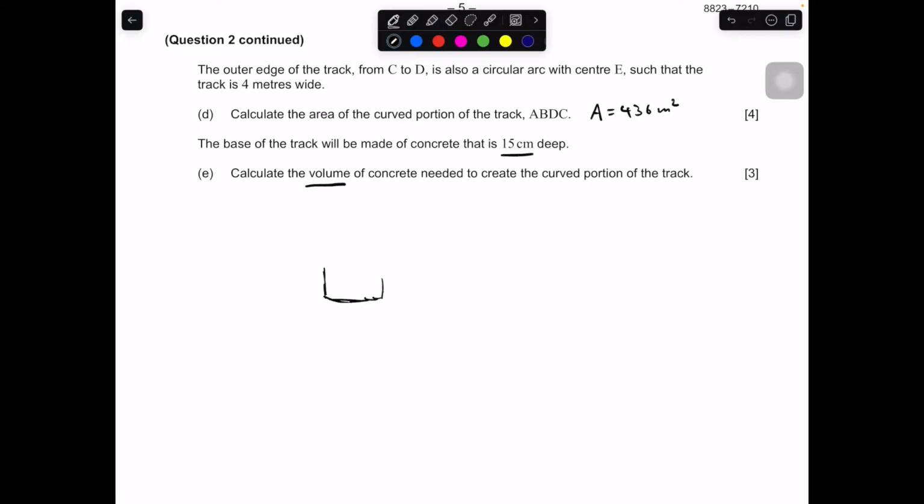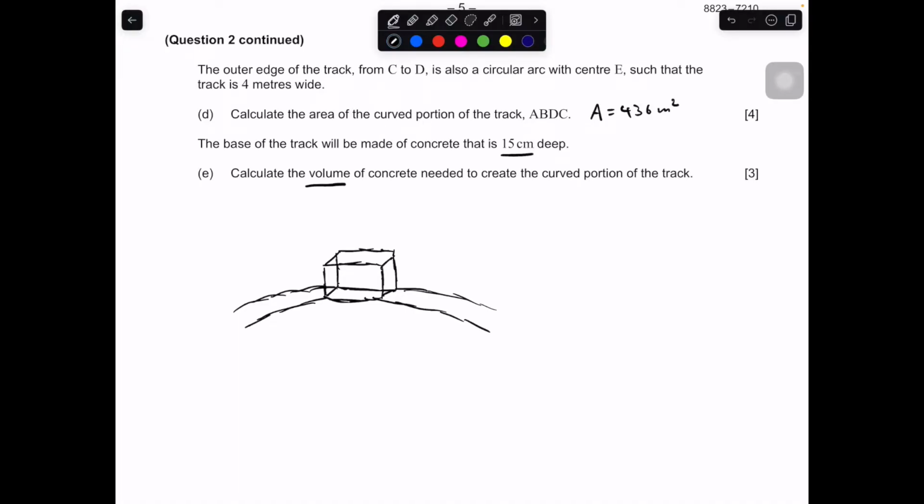Volume is, of course, just going to be our... Oh my goodness, what is going on? That's fine, I suppose. So we've got this portion of our track, and this is part of our track right here.